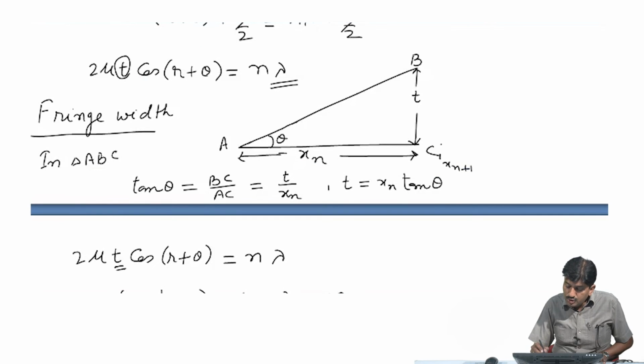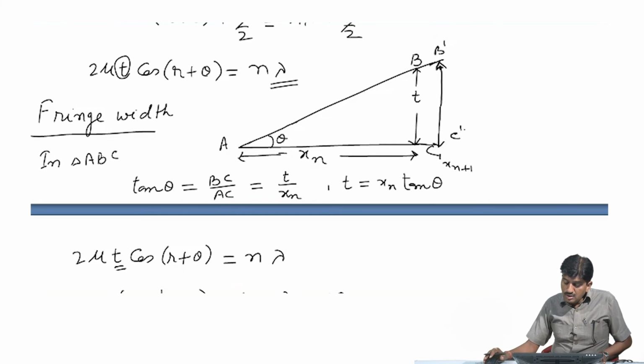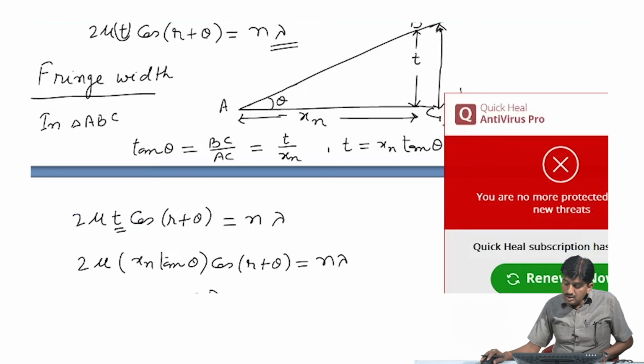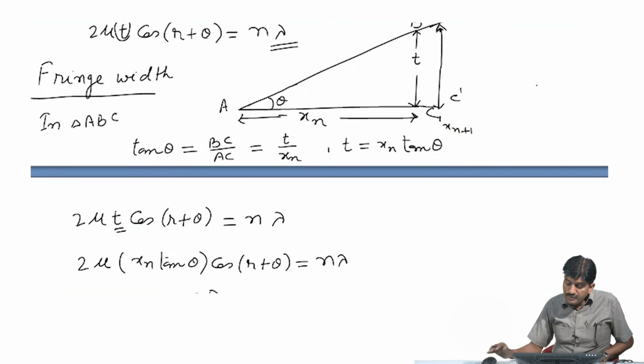Suppose this is the position B dash C dash, and it represents the difference between xn plus 1 and xn.